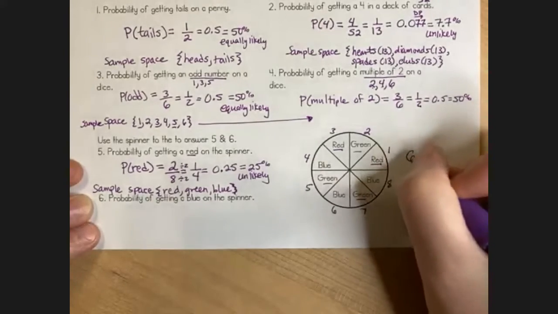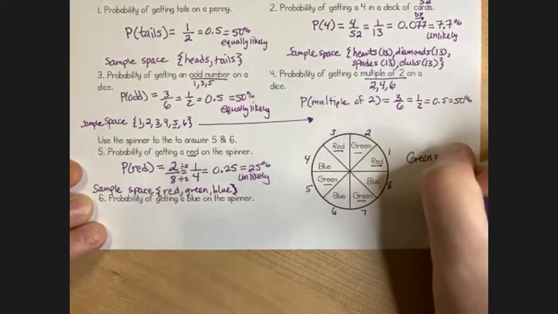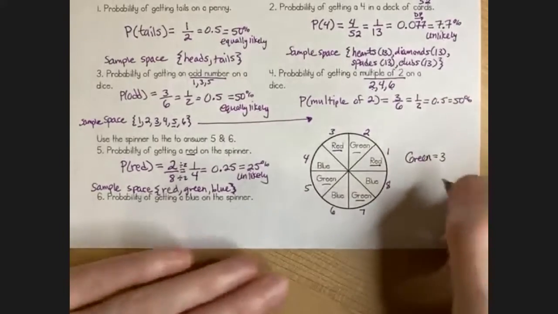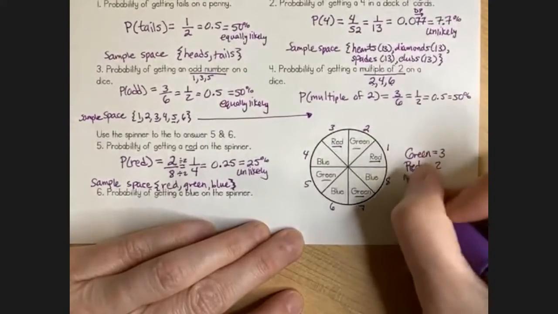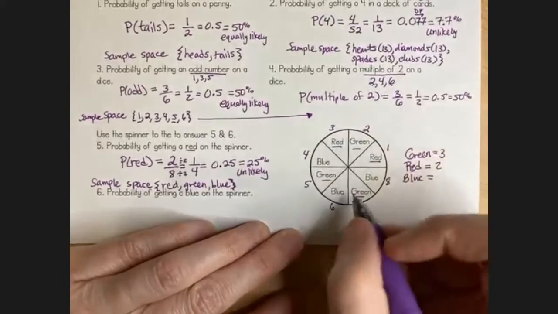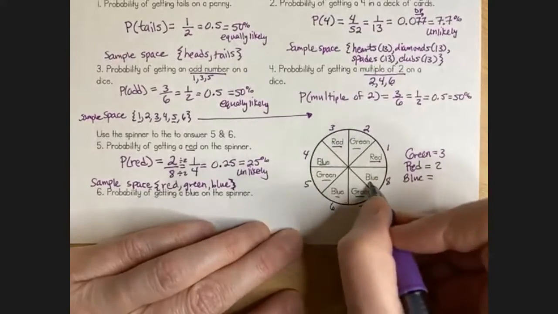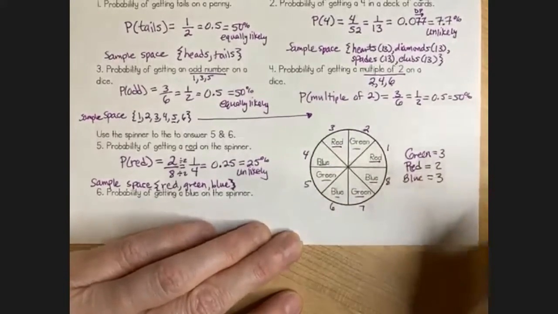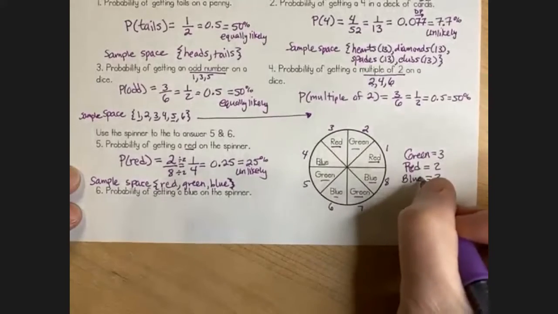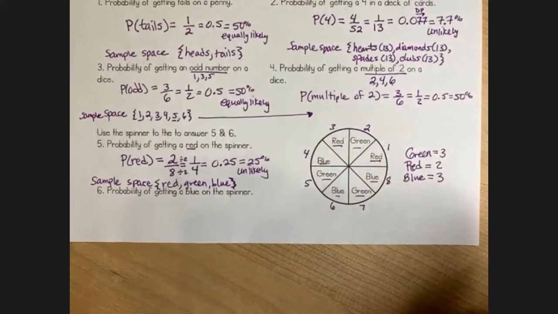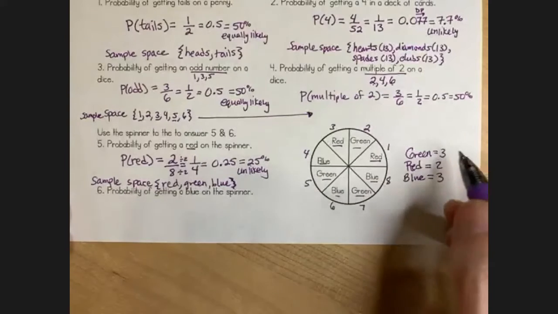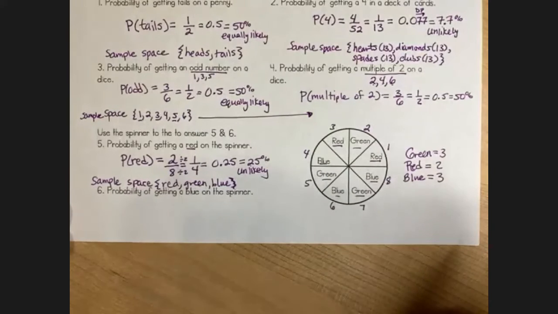So I'm going to go here to the side and write green equals 3, red equals 2, and blue, 1, 2, 3 blues. So actually my probability of the red is less than my probability of green or blue. My green and blue have equal probabilities there.